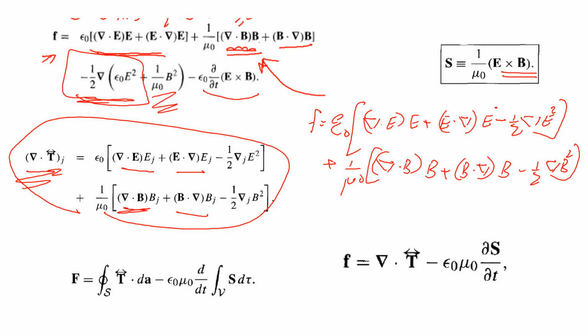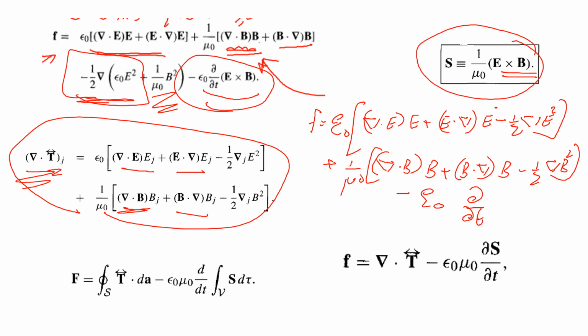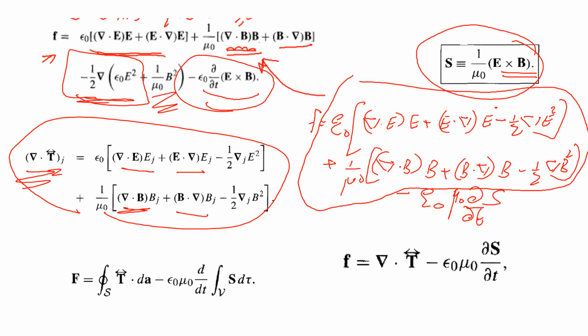And the last term is minus epsilon 0 dou by dou t of E cross B. Instead of E cross B, you can write mu 0 times S, where S is the Poynting vector. Now this entire expression except the last term can be replaced by del dot T, where T is the stress tensor, minus the last term, epsilon 0 mu 0 dou S by dou t.